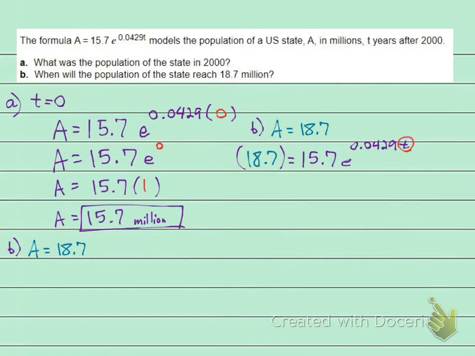First thing we're going to start doing to get t by itself, let's go ahead and divide out this 15.7 from both sides. I'll divide this side by 15.7, I'll divide this side by 15.7. And now we're going to get 18.7 over 15.7 equals, those reduce down to a 1, so equals e to the power of 0.0429 t.